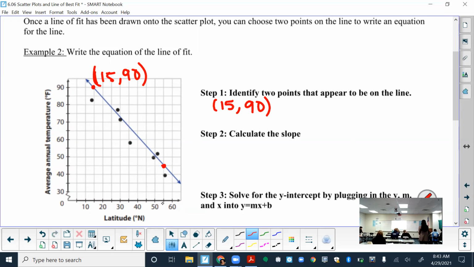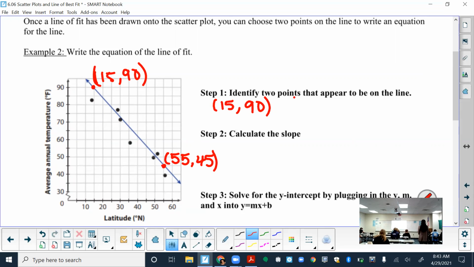Over here, what would this one be? What would the x value be? 55 for the x value, and the y value would be about 45, right?